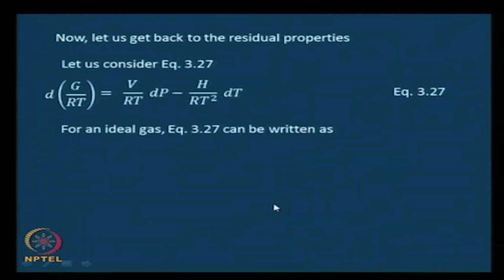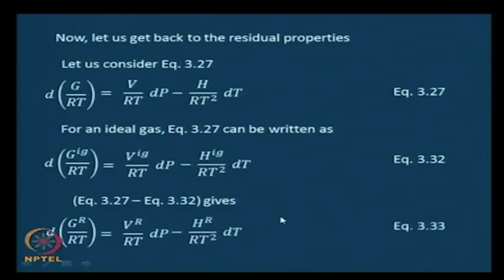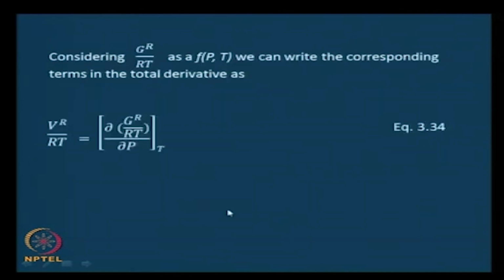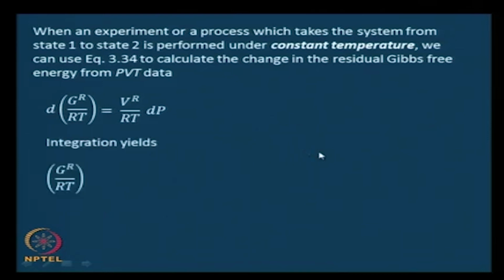Then we went and saw how to write residual properties. This was a derivation, I am not going to go through that. The Vr by RT, you could write it in the same fashion as earlier. Earlier it was for the actual values, here you could write it for the residual values. Vr by RT equals dou P of Gr by RT at constant temperature. Hr by RT was minus T dou T of Gr by RT at constant pressure, and then we said that we had assumed constant temperature, but we got it in terms of values.